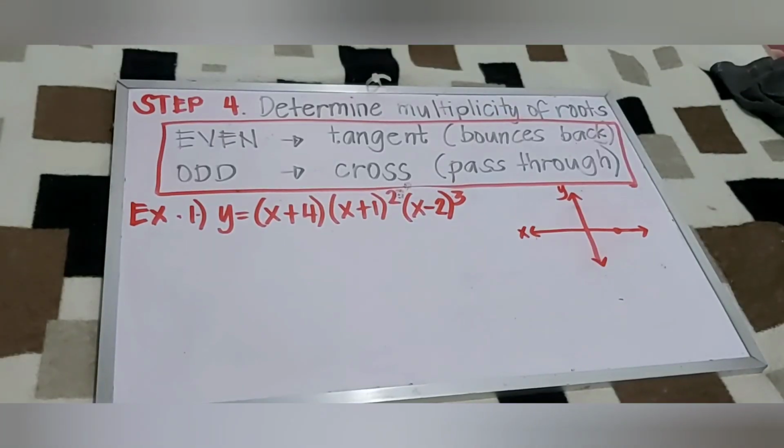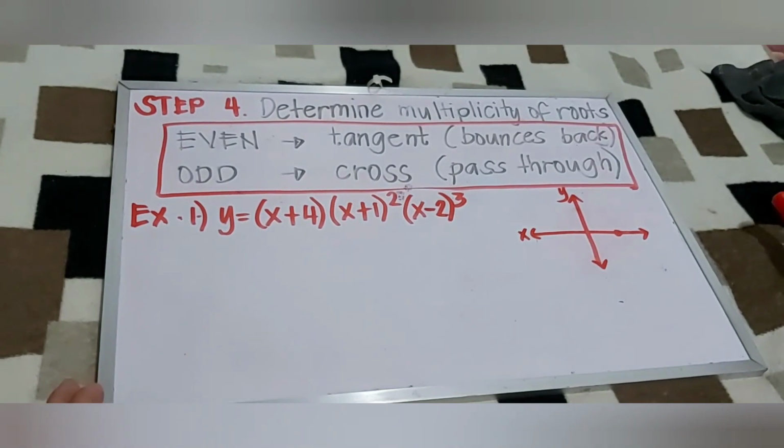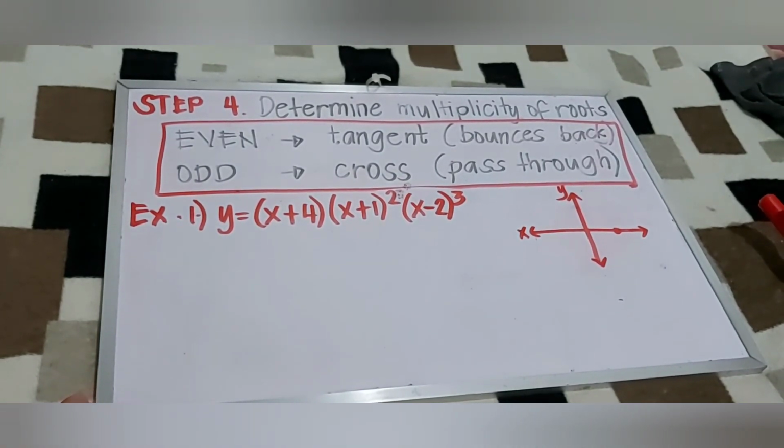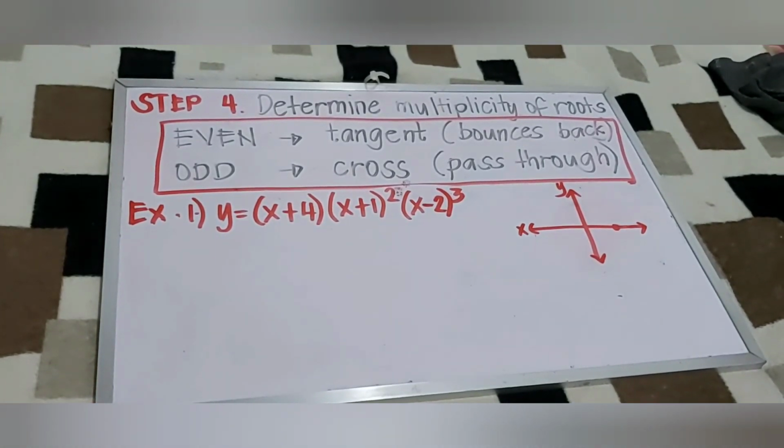So this is step 4 in graphing polynomial functions. We have to determine the multiplicity of the roots.